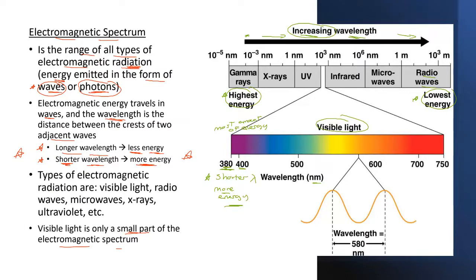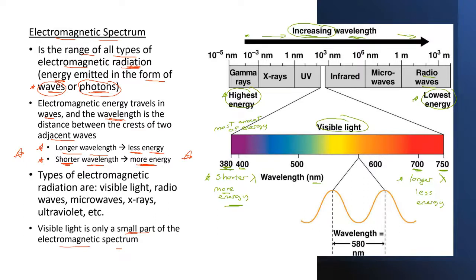Now, if you go to the other end, here we have 700, 750, which is bigger than 380 and 400, right? So these wavelengths are longer, and therefore have less energy.